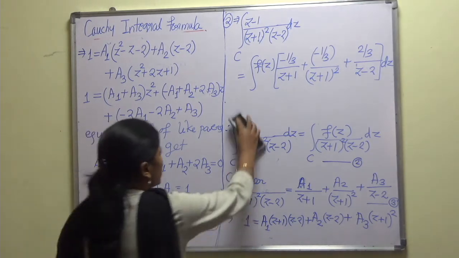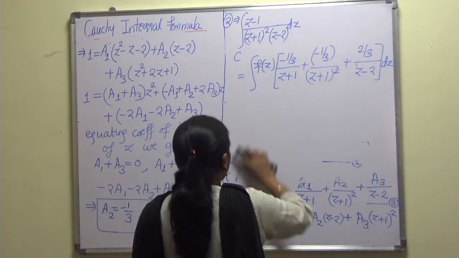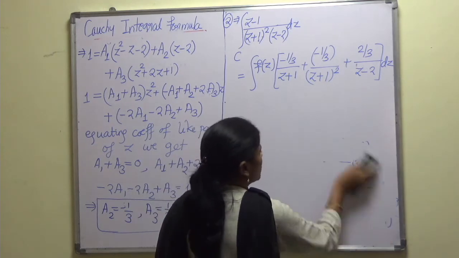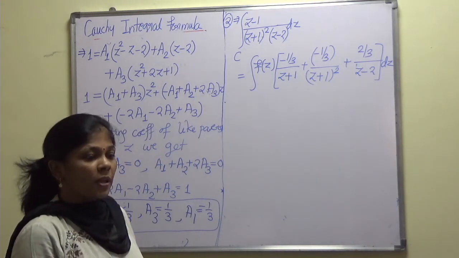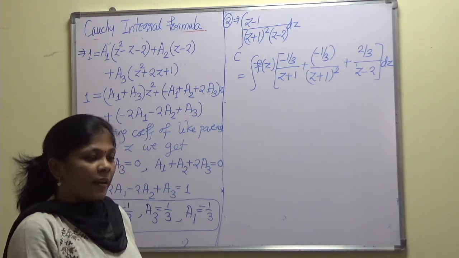So what do we get? Let us multiply it with f of z and see what form of the Cauchy integral formula we are getting, right.